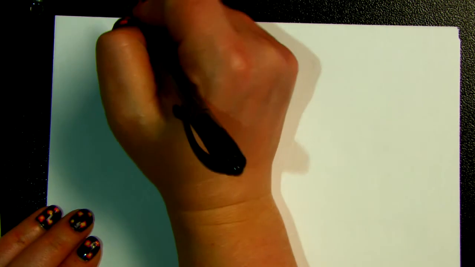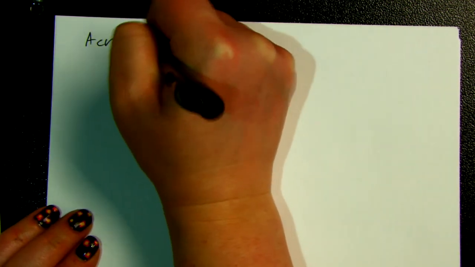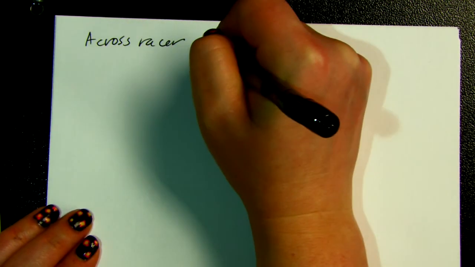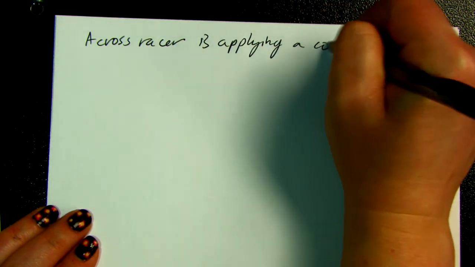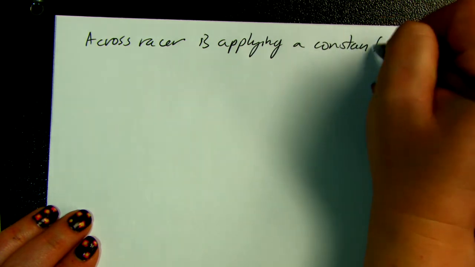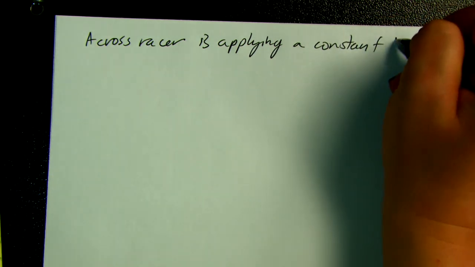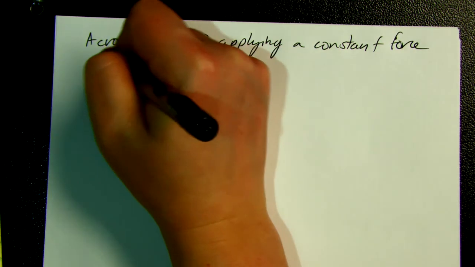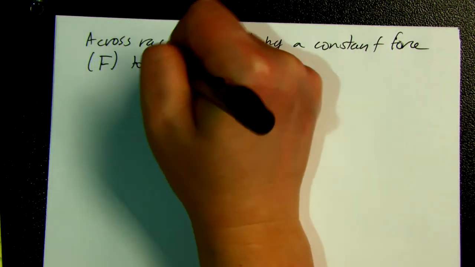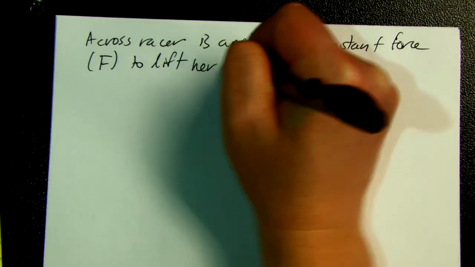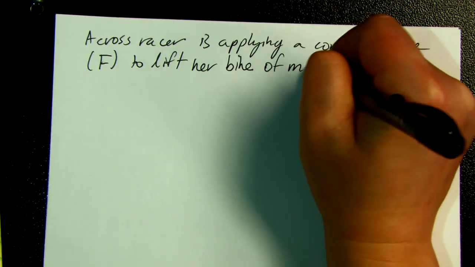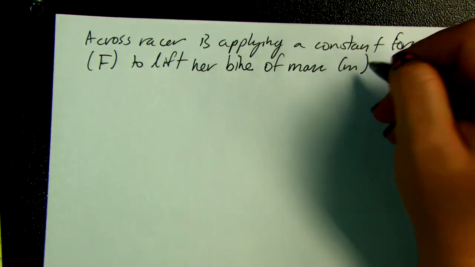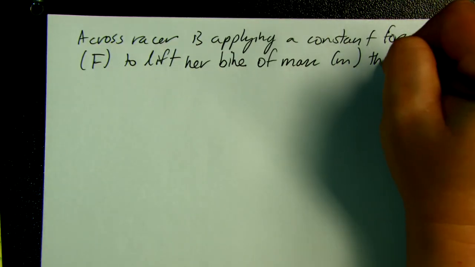So let's set this up. A cross racer is applying a constant force F to lift her bike of mass M through a distance h.